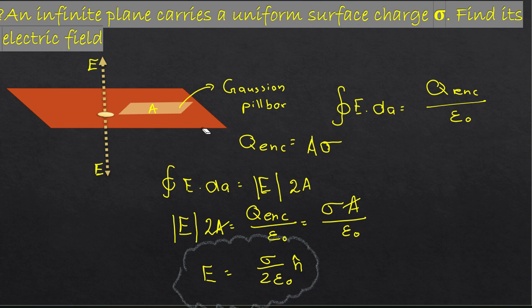So no matter how far we go, there is no decrease in the electric field, and there is no 1 by r square or 1 by r term for the electric field that we should consider. And that's all for an infinite plane carrying a uniform surface charge sigma.